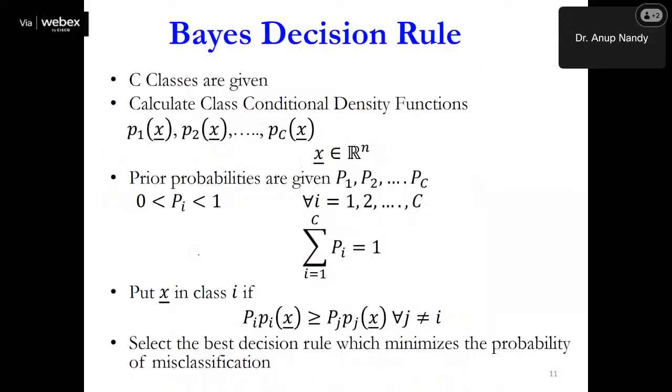Now this is the Bayes rule that I already explained to you. Here C is equal to 2, so the classes are given, and you have to calculate.